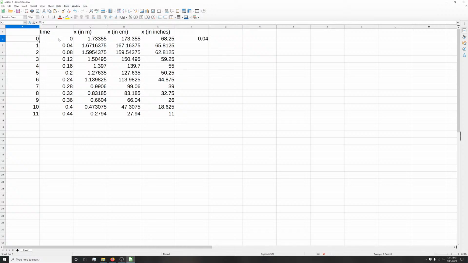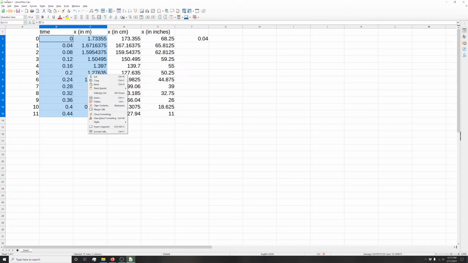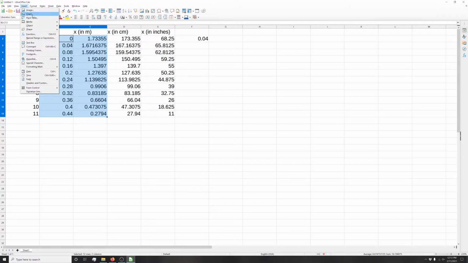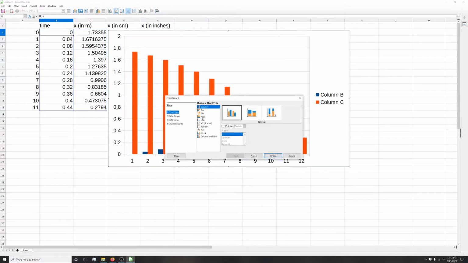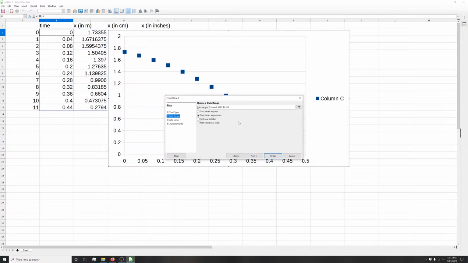Now, to do the data plot, I'll select this and insert. We're going to insert a chart. We're going to plot this. We don't need a bar graph. We need a scatter plot. Next. Now, of course, you're probably thinking, why do we know it's going to look like a parabolic arch? I already showed you.